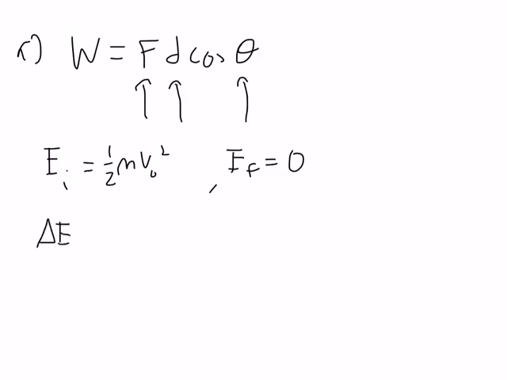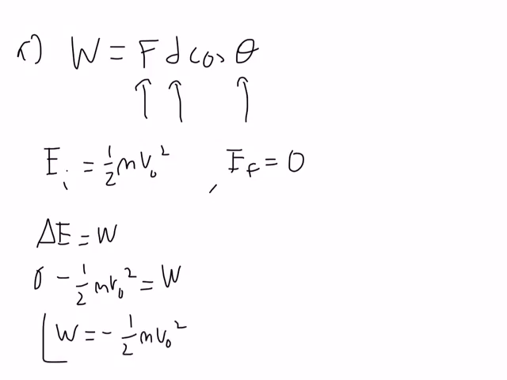Delta E equals W. And we just wrote the energies that we have, so delta E is going to be 0 minus 1/2 m v naught squared, and that must equal W, and so the work must be negative 1/2 m v naught squared.